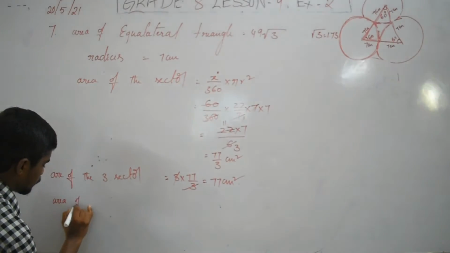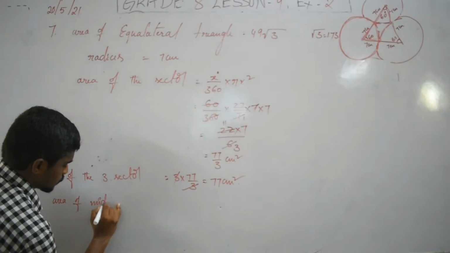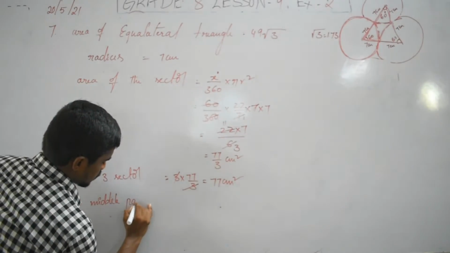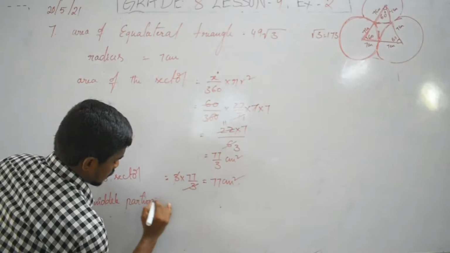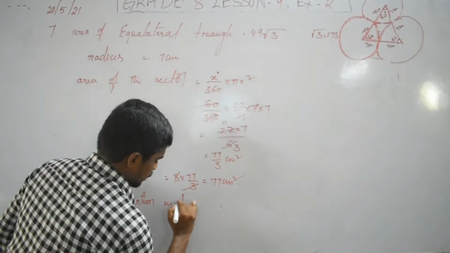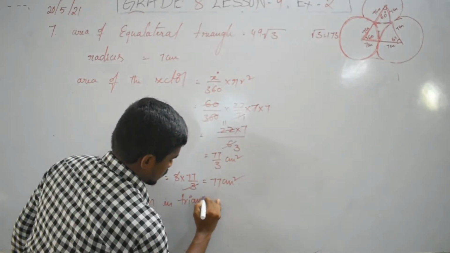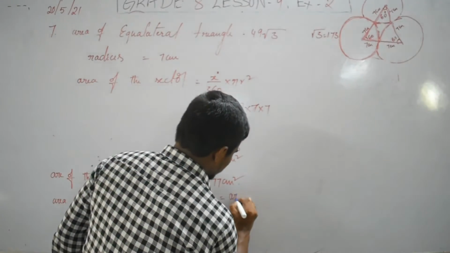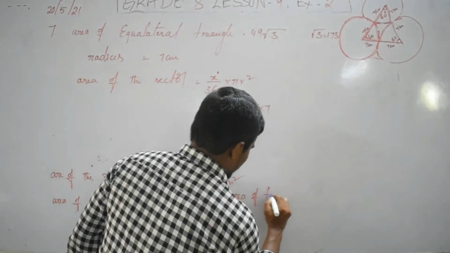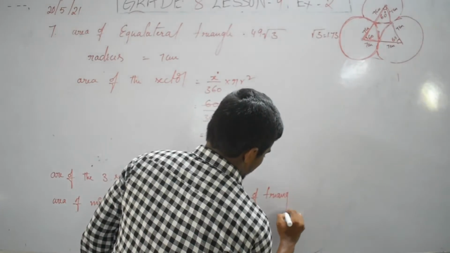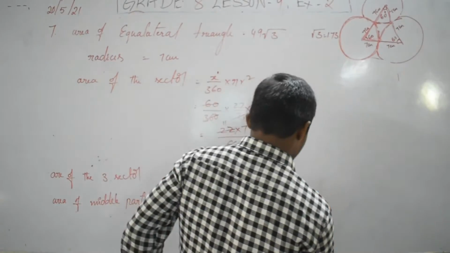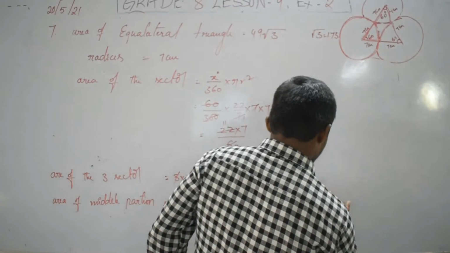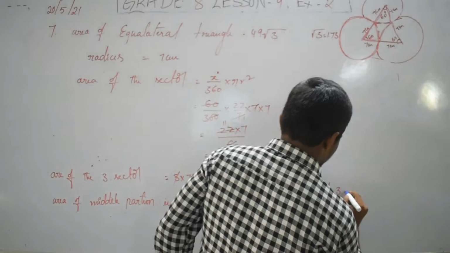Area of the middle partition in the triangle is equal to area of the triangle minus area of three sectors.